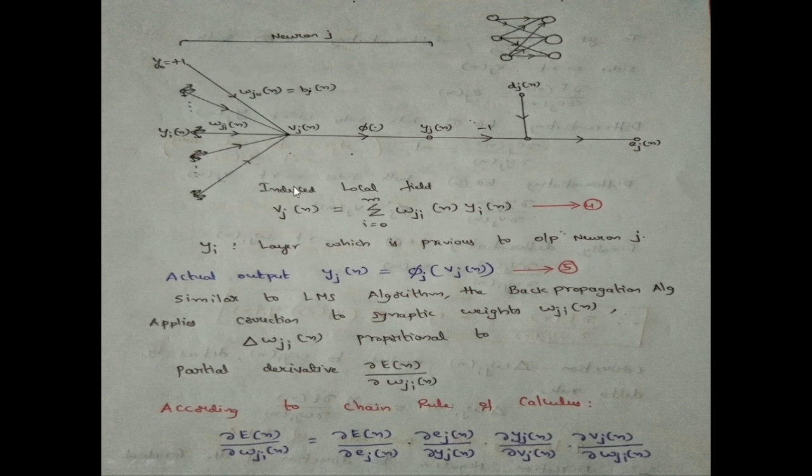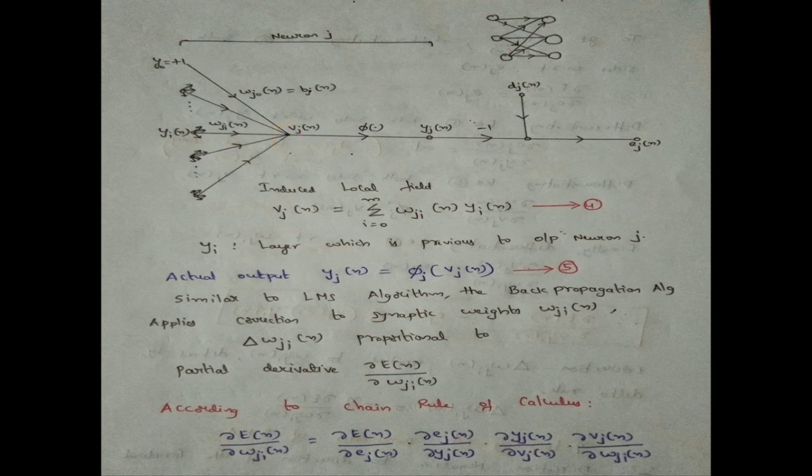So the induced local field v_j(n) can be written as the summation of w_ji(n), which is the weight at the nth iteration, times y_i(n). Let us assume that this is equation 4. As already told, here y_i belongs to the layer which is previous to the output neuron j. These are all the y_i values which are previous to the output neuron j.